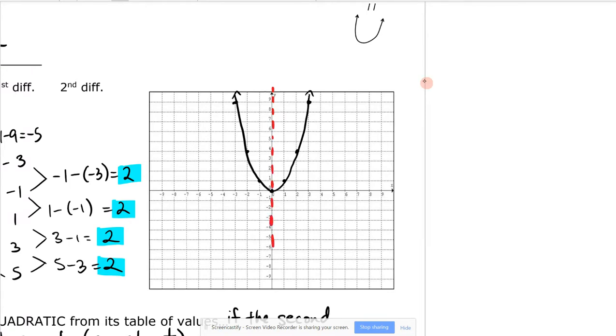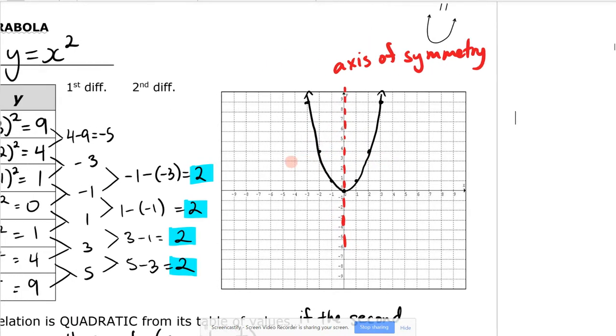It's just an axis of symmetry. And you may recall from elementary school when you have a symmetrical line, everything on the left side of the line is a mirror image on the right side of the symmetry line. And that's exactly what it's doing here. This axis of symmetry divides this parabola into two equal mirrored parts.